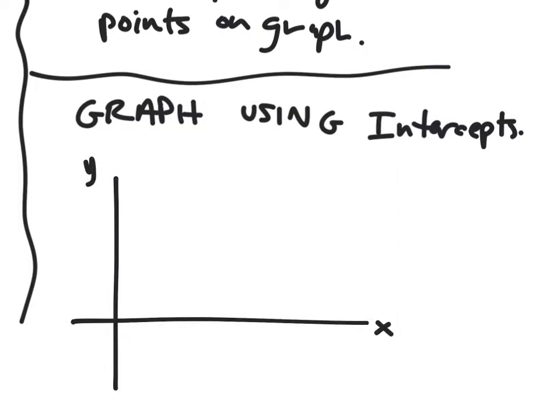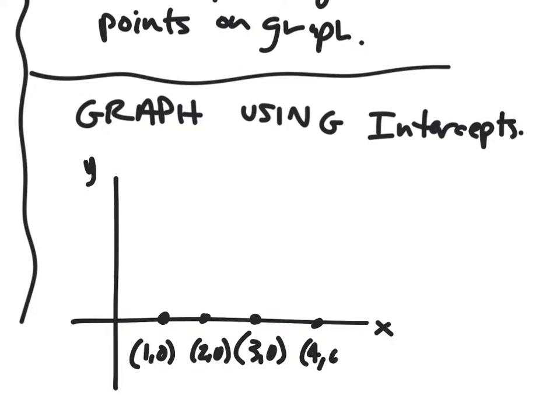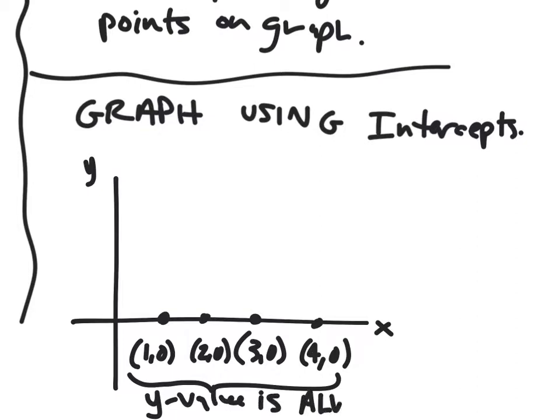Here's my y-axis. Any point along the x-axis, and let's just call these 1, 0, 2, 0, 3, 0, and 4, 0, the y value is always 0 for an x-intercept.